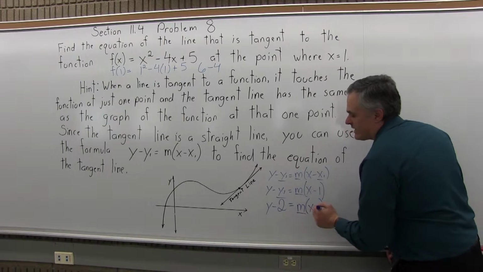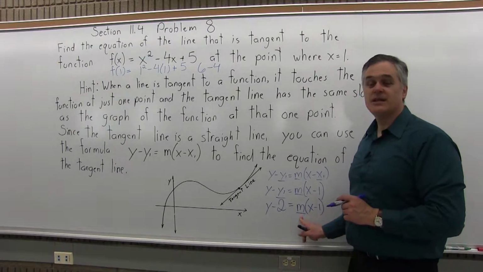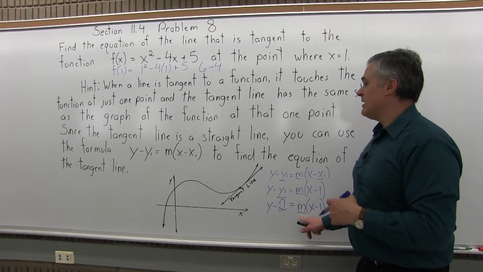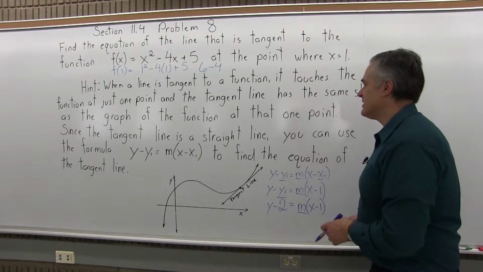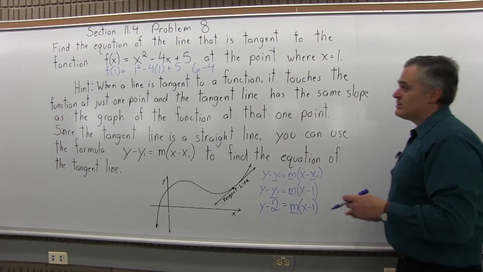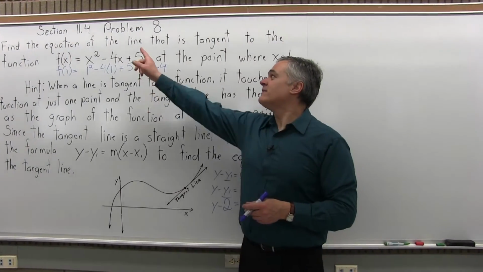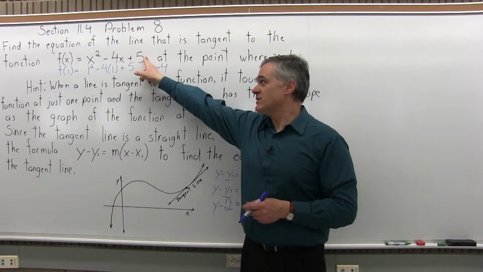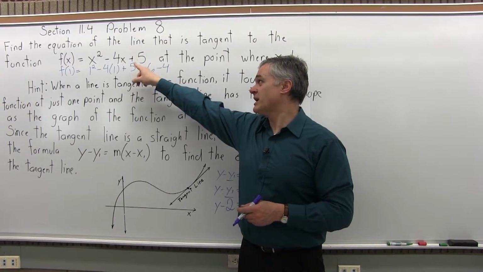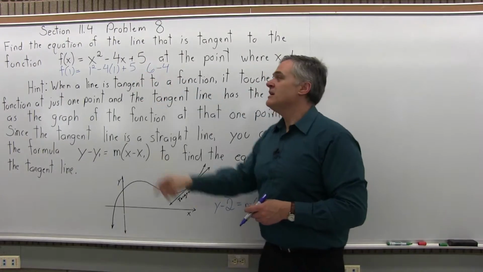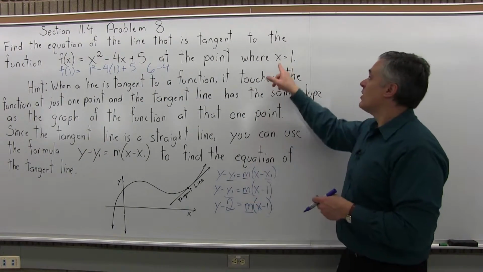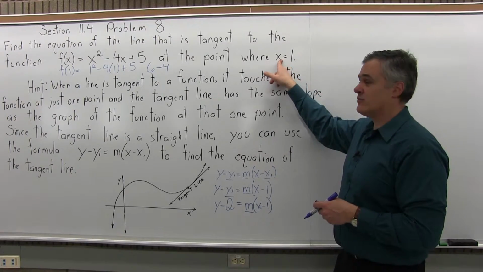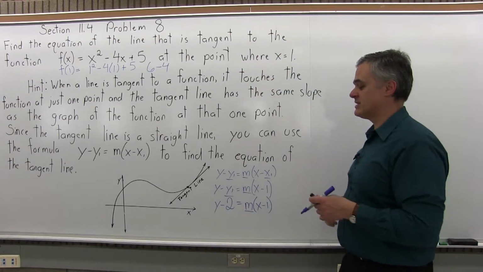So the only thing I need to find is the m, which is the slope. Now, what finds slope? The derivative. So we've done derivatives. So what this problem amounts to now is we have to find the derivative of the function that's given in the problem, f of x equals x squared minus 4x plus 5, and use that derivative to find the slope at this point when x is 1, because that's what the question asks us to do.